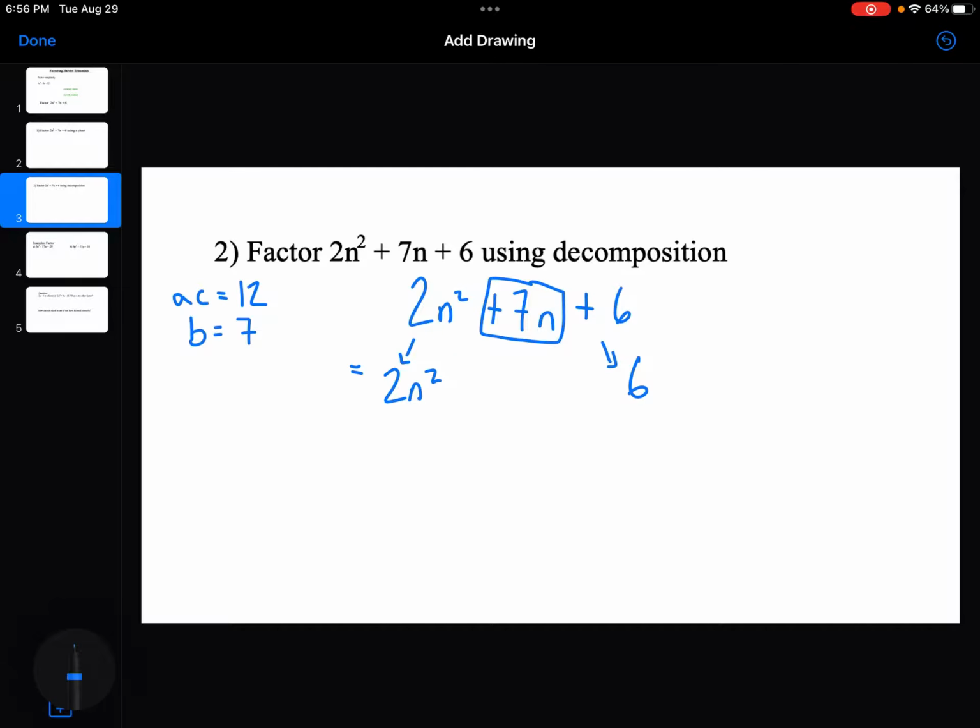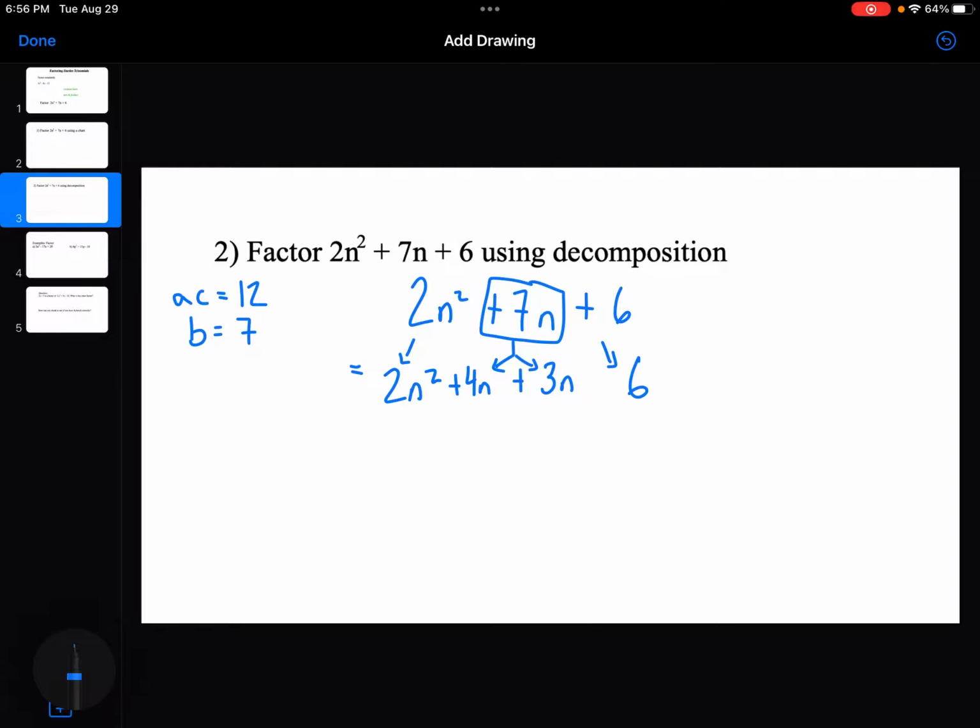So I'm decomposing the 7 into two terms. My two numbers that multiply to 12 and add to 7 are going to be plus 4 and plus 3. 4 plus 3 is 7. 7n turned into 4n and 3n.